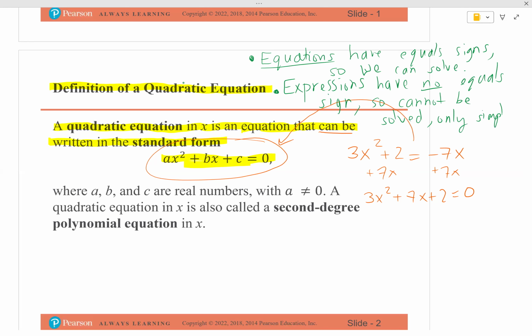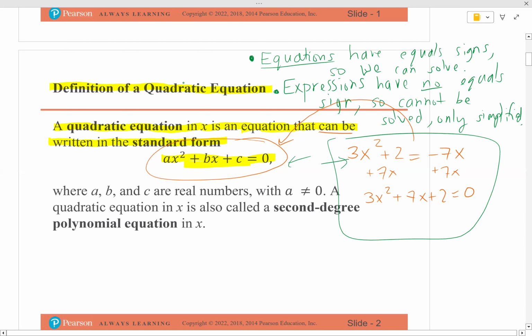Sometimes a problem will say simplify this, and some will say solve this. That's the difference: if it has an equal sign, you're able to solve it, like these ones down here. But if it's just an expression, the best you can do is simplify it.